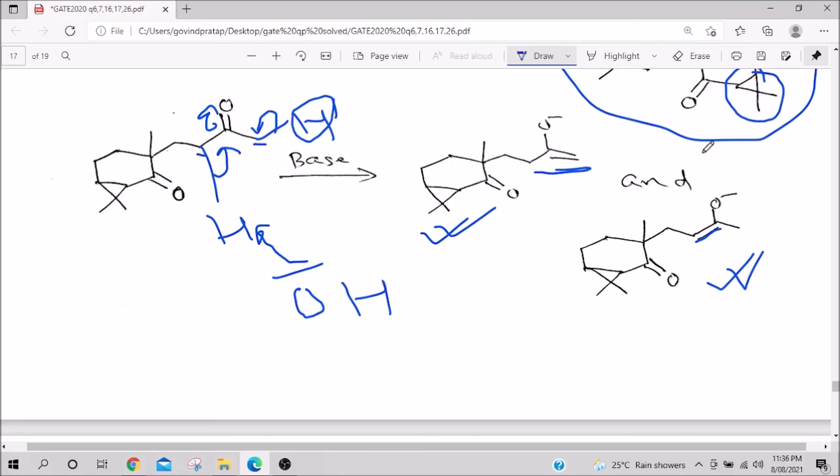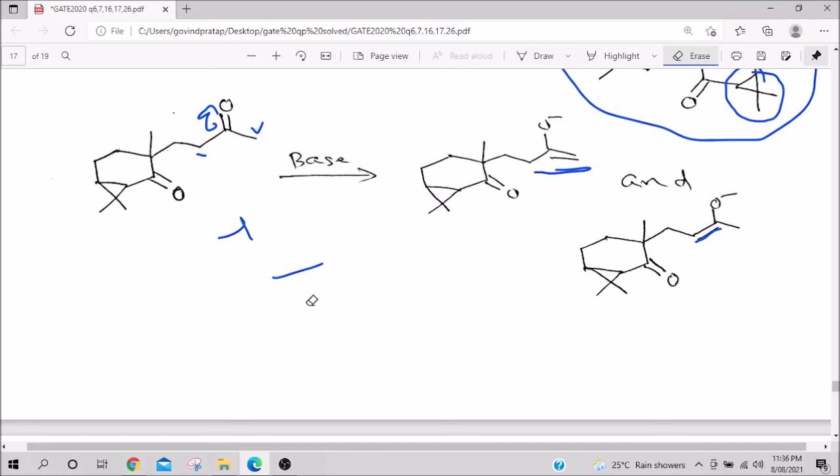But the issue is, if this comes here and this goes and attacks here, what you are getting is this carbon, this carbon, this carbon and this carbon. These four will react and you get a 4-membered ring.